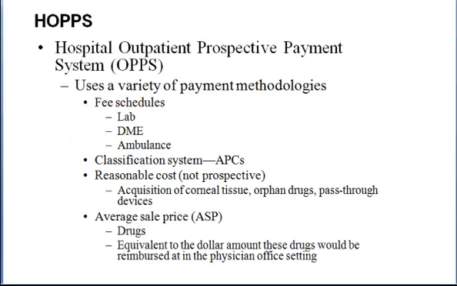CMS uses a variety of models to reimburse facilities for their hospital outpatient services. The system uses 3 reimbursement methods: fee schedules, prospective payment, and also cost-based.